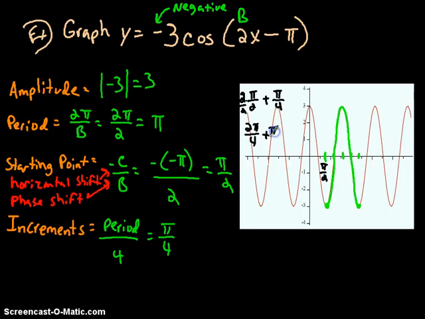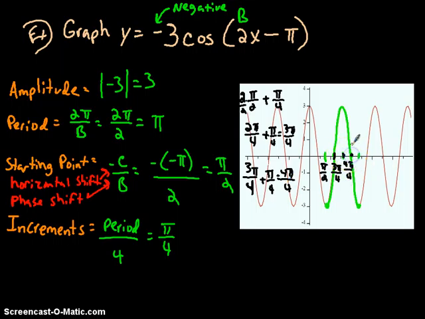Plus pi over 4 is 3 pi over 4. The next increment is at 3 pi over 4, and when you add pi over 4 to it, you get 4 pi over 4. The pattern is that each one is pi over 4 from the last.